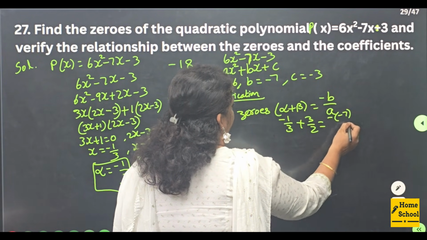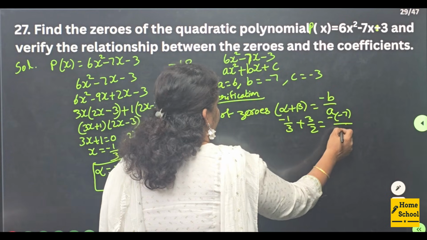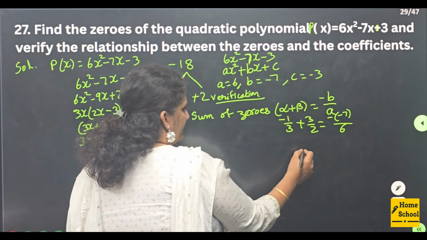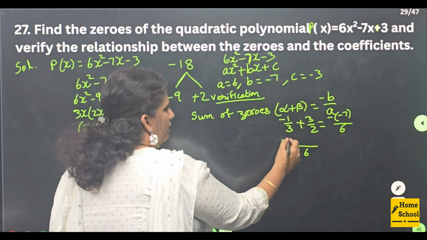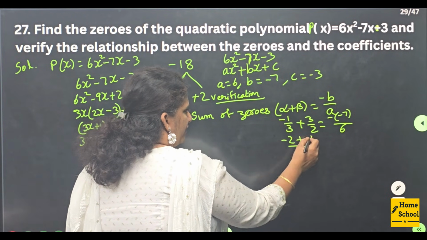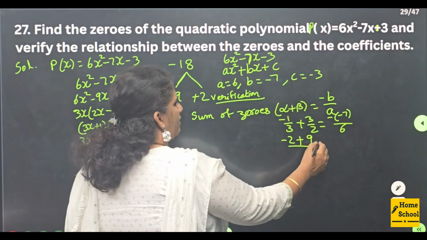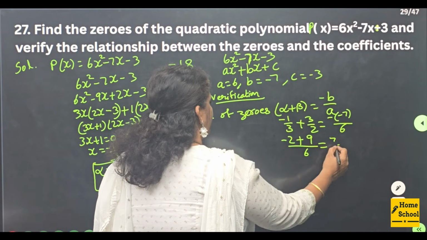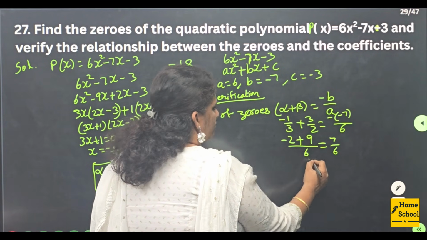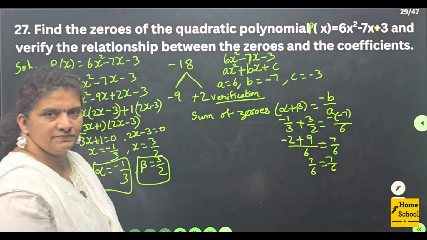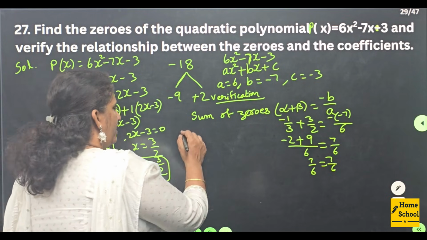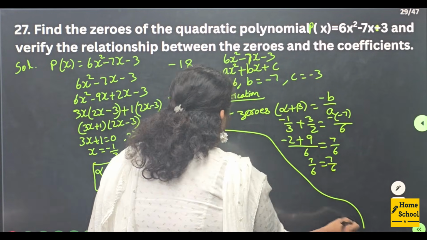Minus of minus 7 by a value is 6. Do LCM. 3 and 2 LCM is 6. Multiply 2. Minus 2 plus 3 3s are 9. Minus into minus plus 7 by 6. 9 minus 2, 7 by 6. This is also 7 by 6. One is verified and another one we'll do here.